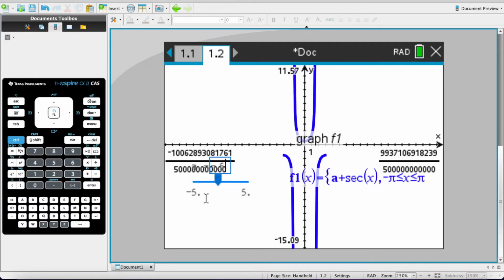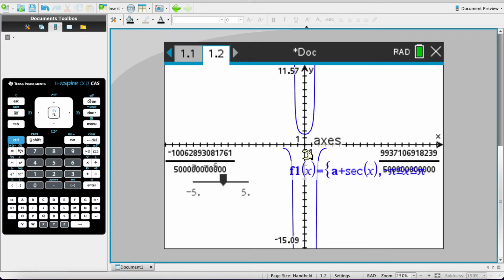Let me just confirm that the answer is A then, and just put in 0. Oh, 0 was correct. Let me try anything bigger than 0, so maybe 0.5. Oh, we still don't have two x-intercepts. Maybe I've made a mistake.